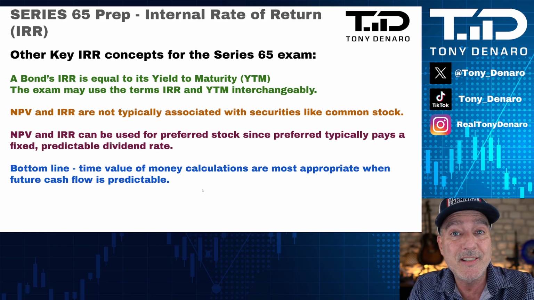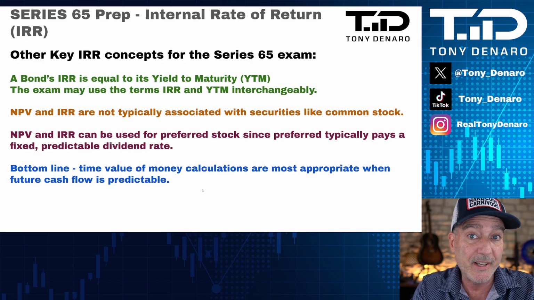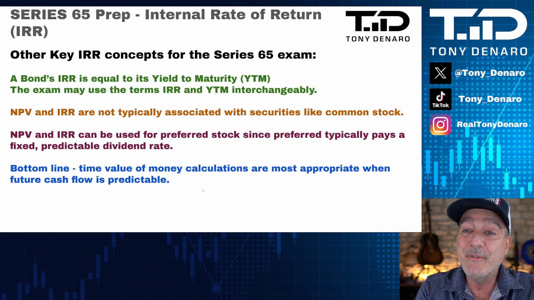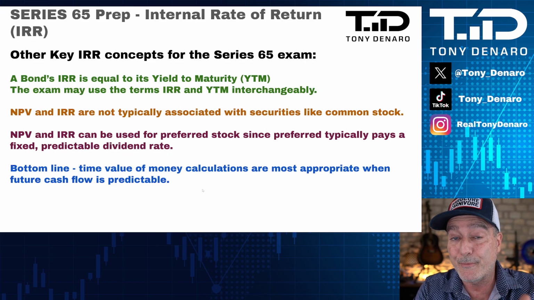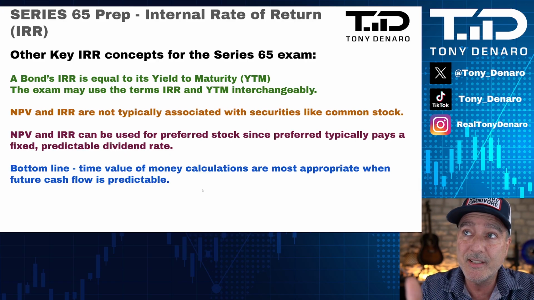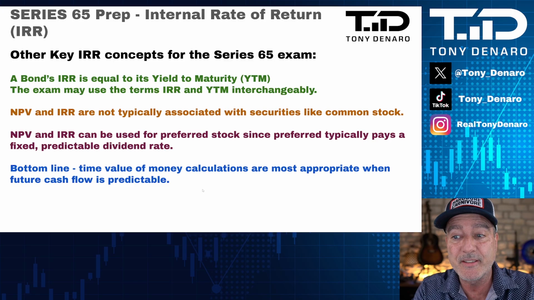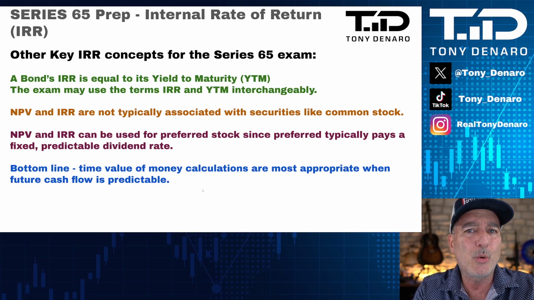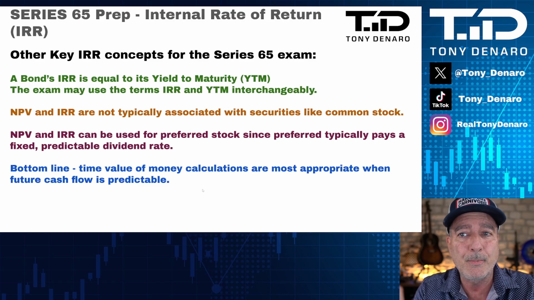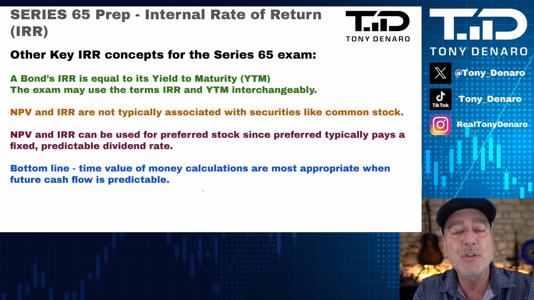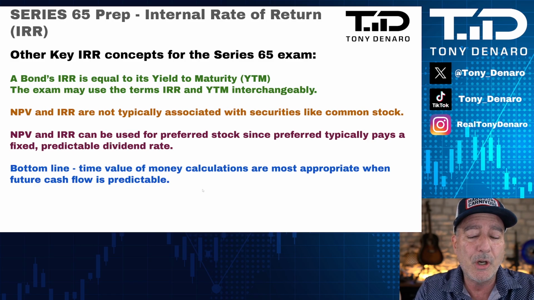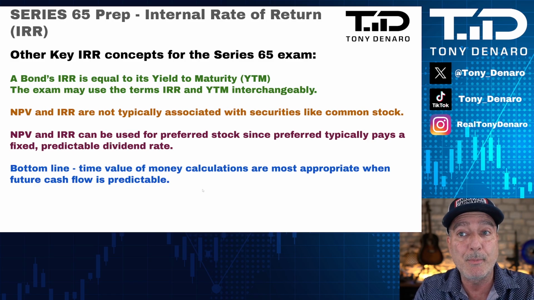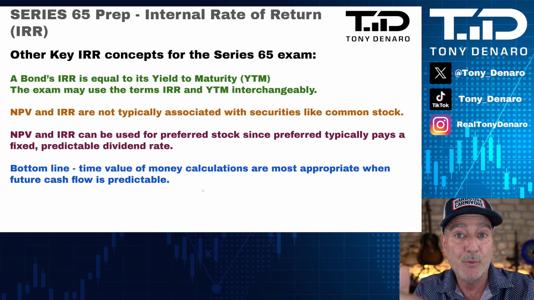We usually use them to evaluate bonds or investment projects. However, NPV and IRR can be used for preferred stock because most preferred stocks pay dividends and they have a fixed, predictable dividend rate. You might see a question asking something about NPV or IRR related to common stock. Just remember, those don't usually go together, and if they're talking about stock, you'd want to remember that they could be used for preferred stock.